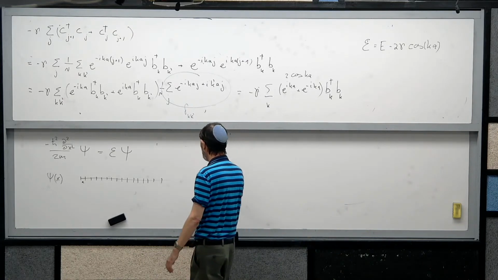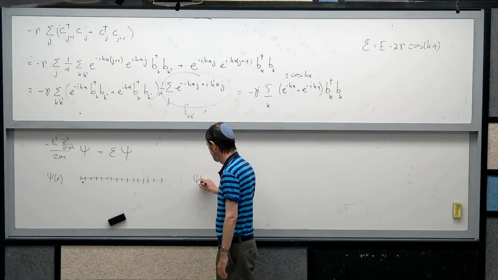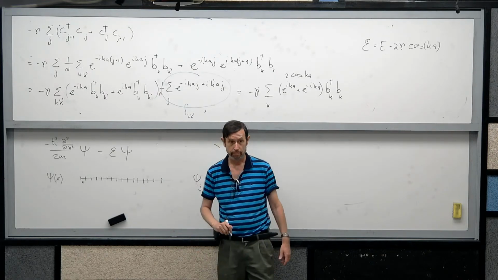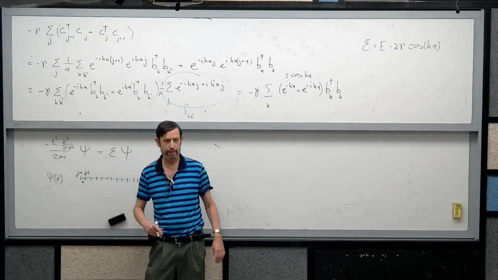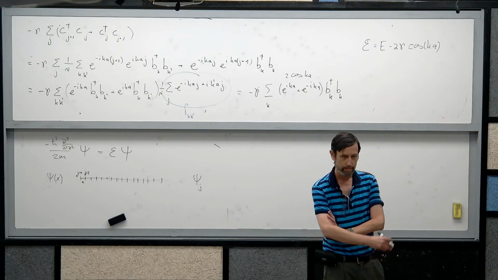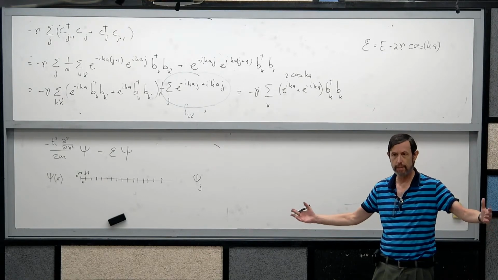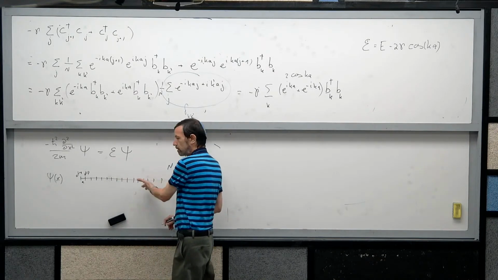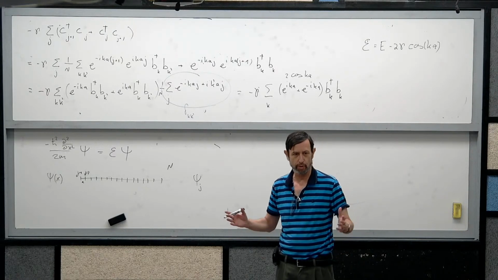So what did I do? Basically, I went from psi of x to psi of j. I have a point j equals 1, j equals 2, and so on and so forth. So I have basically a vector with n numbers which represent the value of the wave function on each point.